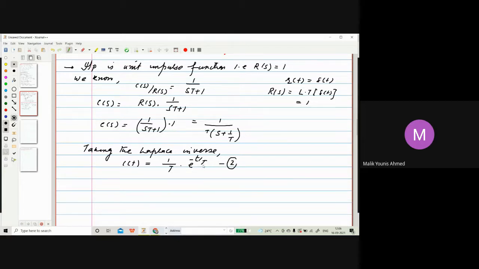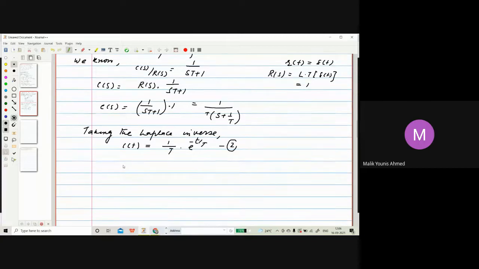Let us call this equation number 2. I will draw the curve also and explain. The curve of equation 2 will be shown in the figure.